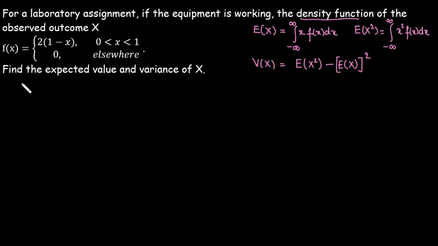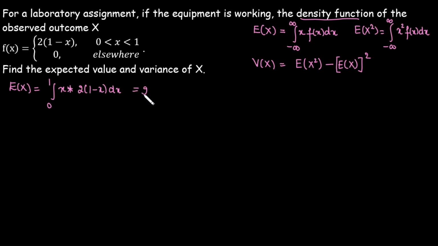So let's start with the expected value of x. So here function is defined from 0 to 1 as this, otherwise 0. So we can directly split this integration: rather than from minus infinity to infinity, we can write 0 to 1, because otherwise the function is 0 and 0 integration is 0. So we can write 0 to 1 x into function, that is 2 into 1 minus x.